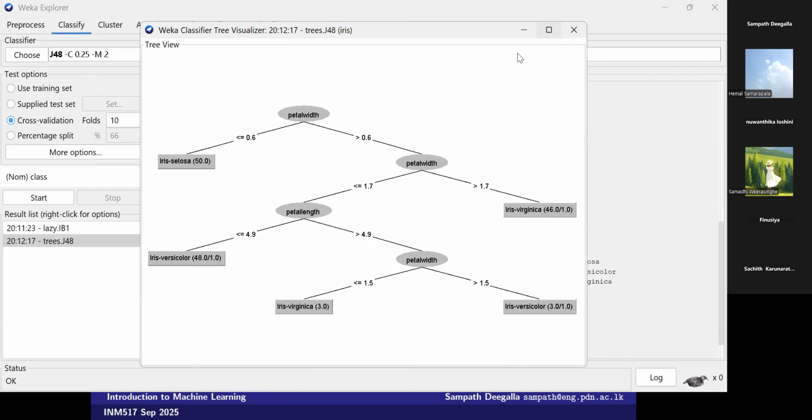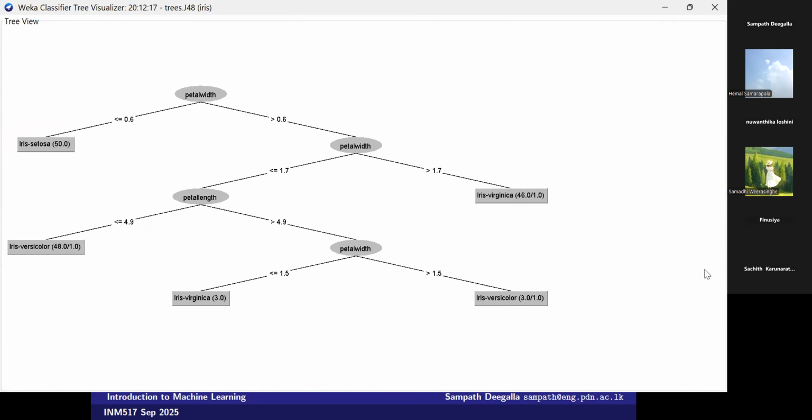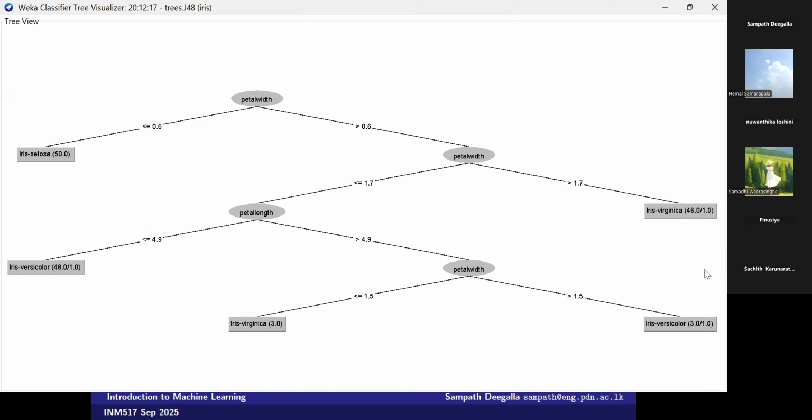Okay, here is how it looks. You can notice how it is classified. You can notice that setosa is easily separable compared to the other two types: setosa, versicolor, virginica. Of course, you can see this information as well.